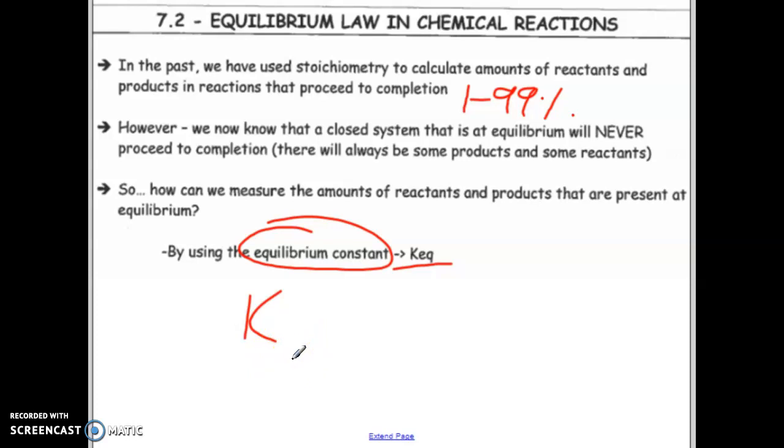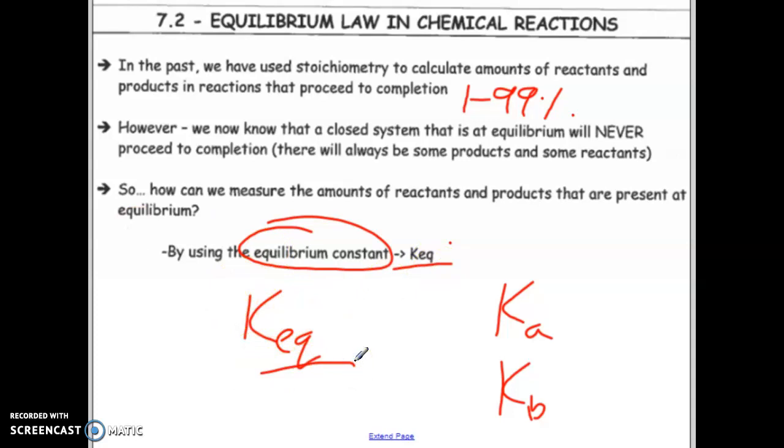For example, when we start looking at acid-base reactions, you're going to have the equilibrium constant for an acid reaction or the equilibrium constant for a base reaction. But in general, when we're not being specific about what type of reaction we're looking at, it's just simply KEQ, which means the equilibrium constant for any equilibrium.